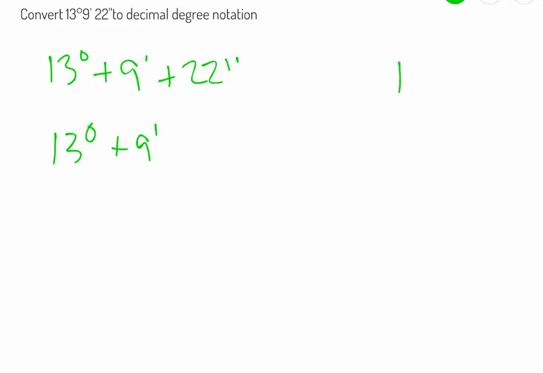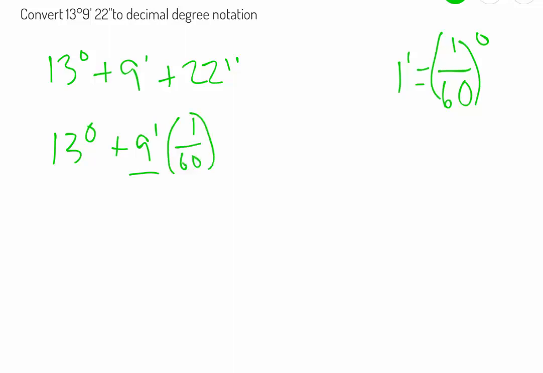The conversion we need is that 1 minute is equal to 1 over 60 degrees. So we multiply 9 minutes by 1 over 60, which is the same thing as dividing it by 60.